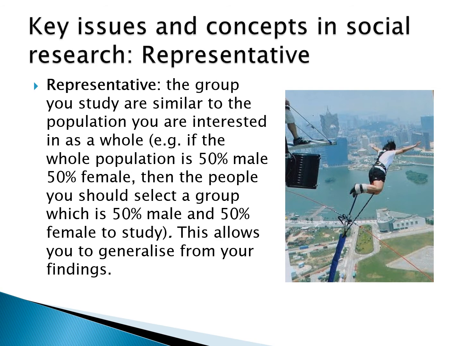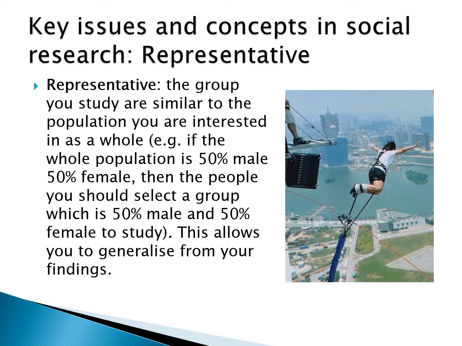Our next key term then is representative. So, if you are going to do a piece of research, you want your sample, and we'll talk about sampling in a future video, to be representative of the population that you are interested in. So if you are only interested in Asian males aged 14, then it is absolutely fine for your whole sample to be 14-year-old Asian males.